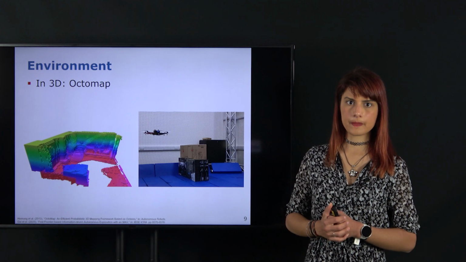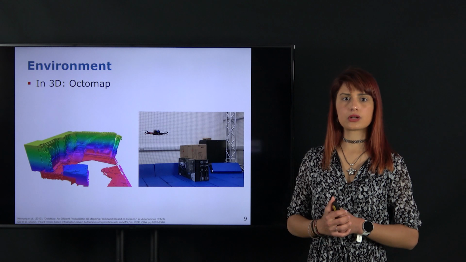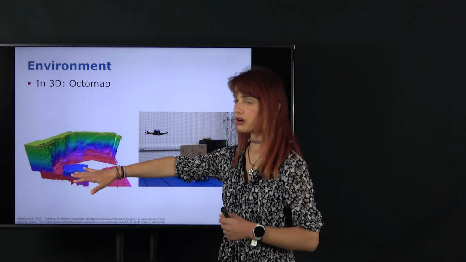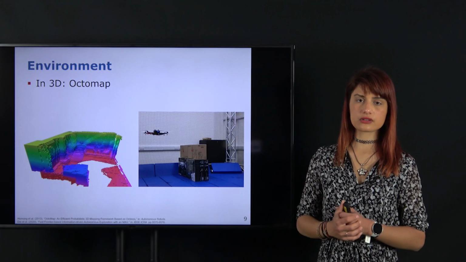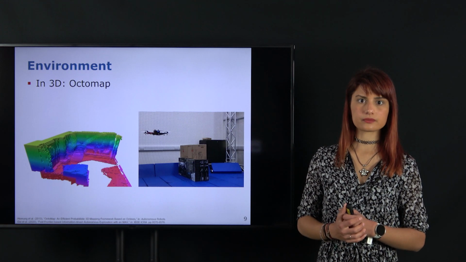And of course, in both 2D and 3D, we need to set the resolution of our grid or our map to an appropriate level so that we can actually capture the structure of the environment.